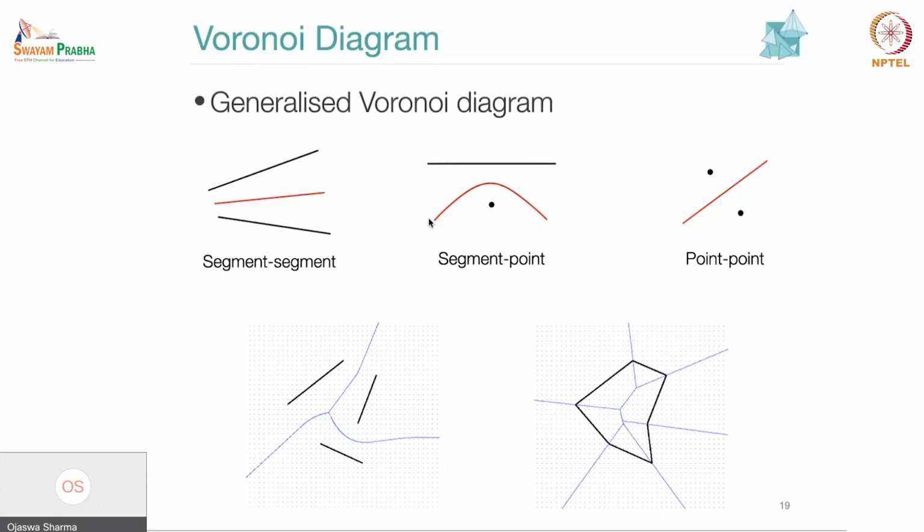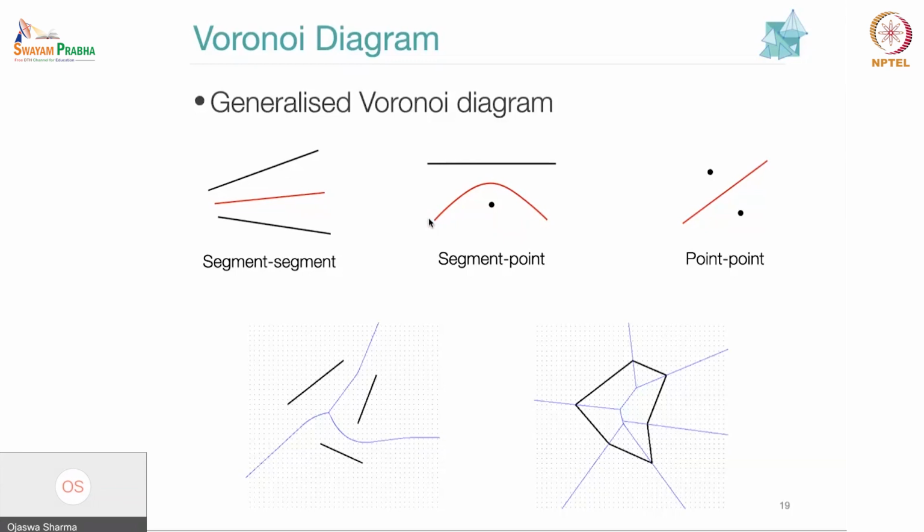You guys remember the directrix? A parabola is defined as a locus such that the distance from the focus and the perpendicular distance to the directrix are the same. So essentially, in layman language, this parabola is a bisector between a line and a point.